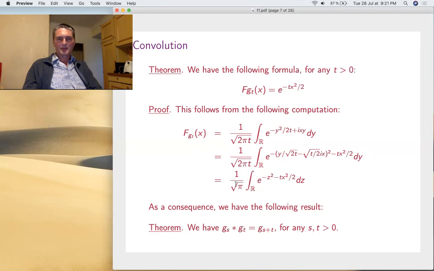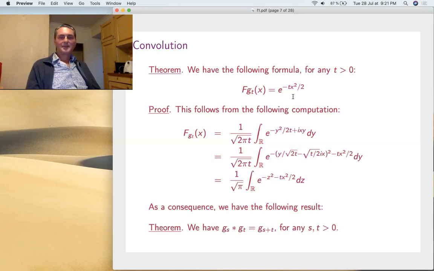So the normalization constant is just 1 over square root of pi. So the integral is with respect to z, and this exponential of minus t ξ squared over 2 goes here. The rest, once again, is the Gauss integral, which is 1. So you get this. Every time we're using the Gauss integral.